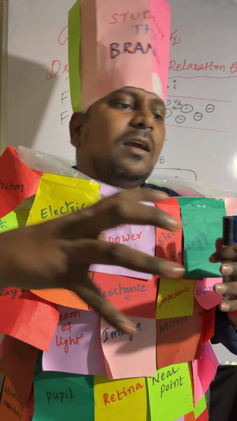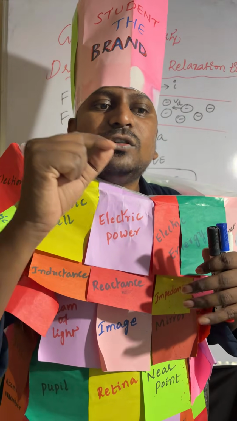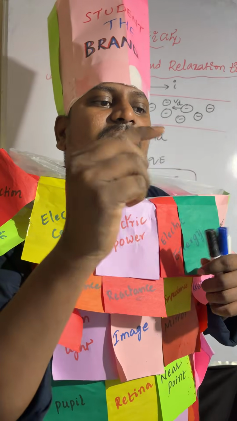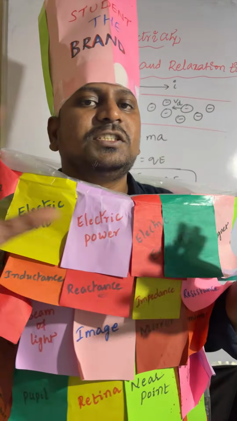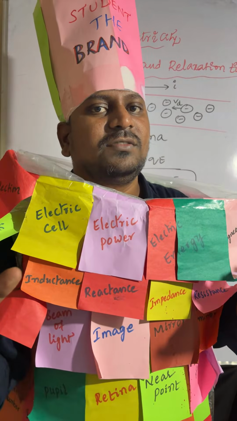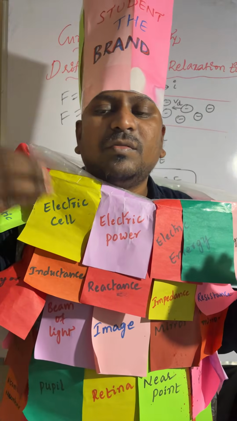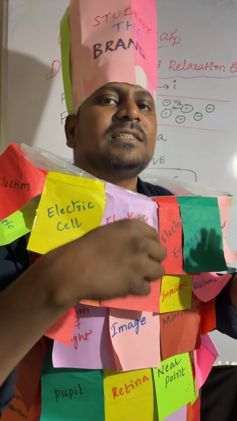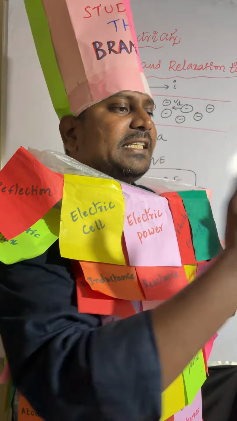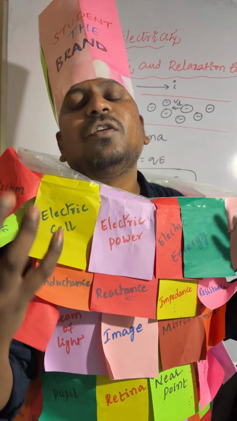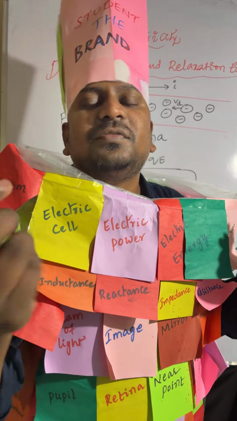When it is moving in a closed conductor, one electron will hit another electron, that electron will hit another electron. After hitting, the velocity may change, and the next electron may change. Overall, if you take a constant velocity, the average constant velocity is called drift velocity.